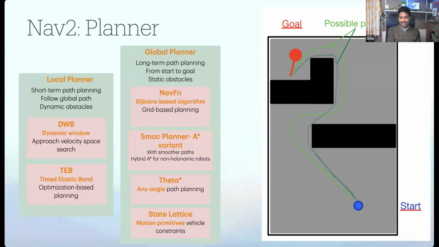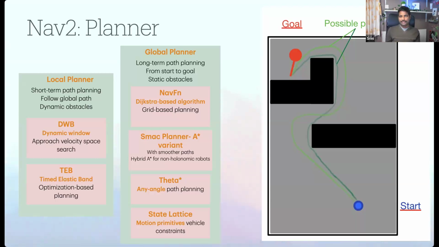That's a simplistic thing to say, but when you look into how you do that, there are multiple factors that you need to consider. In addition to that, there are two types of planners. People who are generally introduced to planners don't realize that there are two types, so that's why I wanted to mention that. These are the global planner and the local planner.